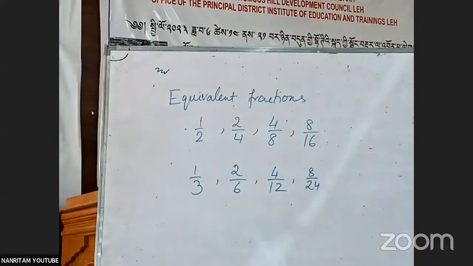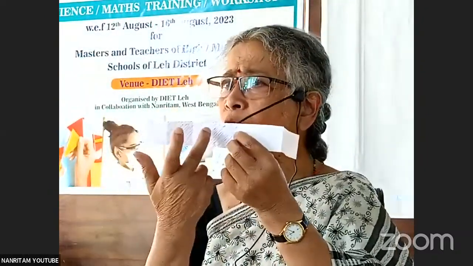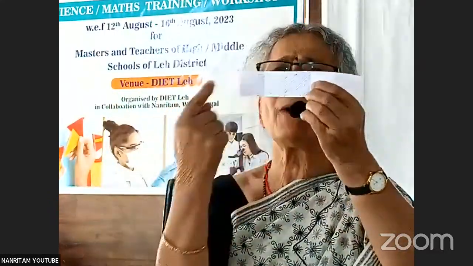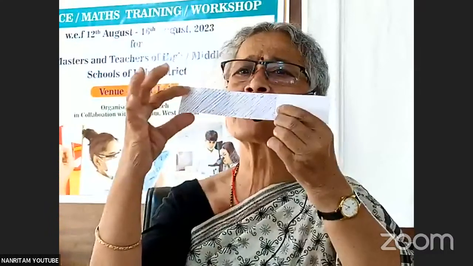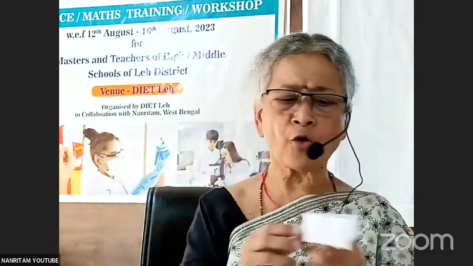Total number of divisions 4 means denominator is 4. But what is the numerator? 1 shaded, 2/4. But see, after 2/4, same portion. They are the same value. Next is 4/8.